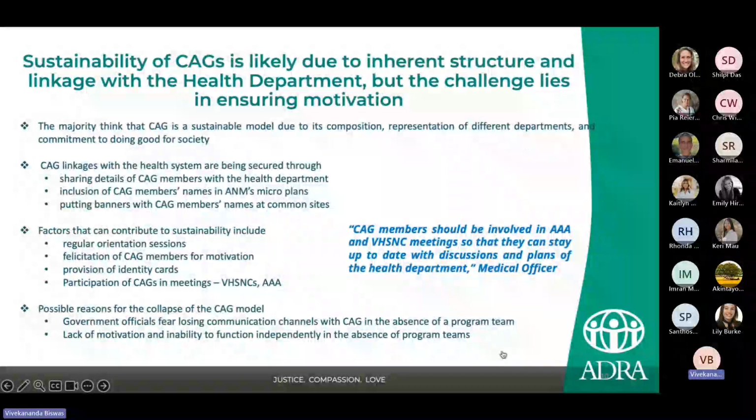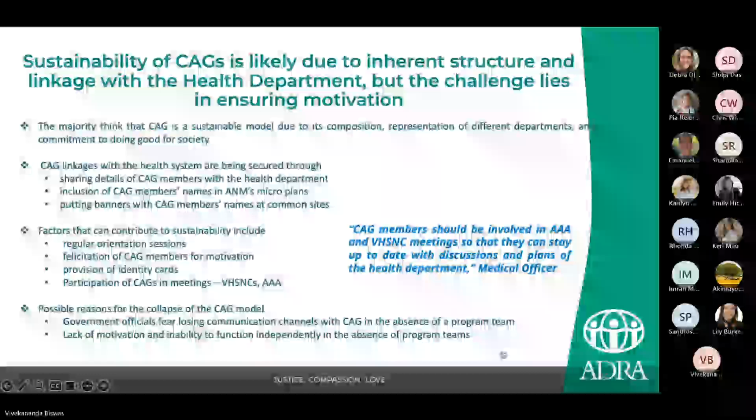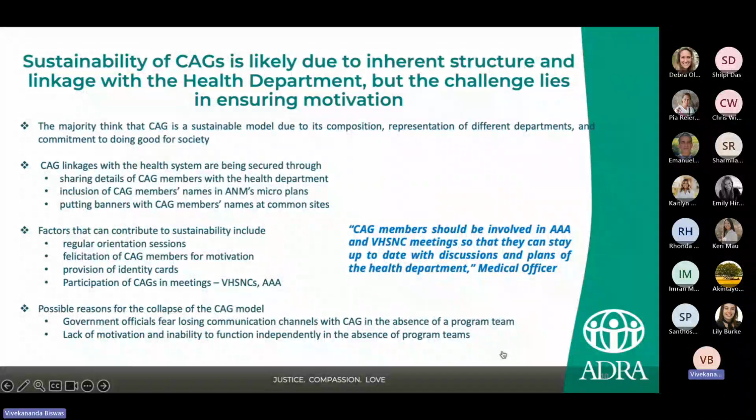To bridge that gap, we have identified the available persons in the government structure, and we have handed over those roles to them so that the regular orientation sessions could take place at the village level with the CAG members.